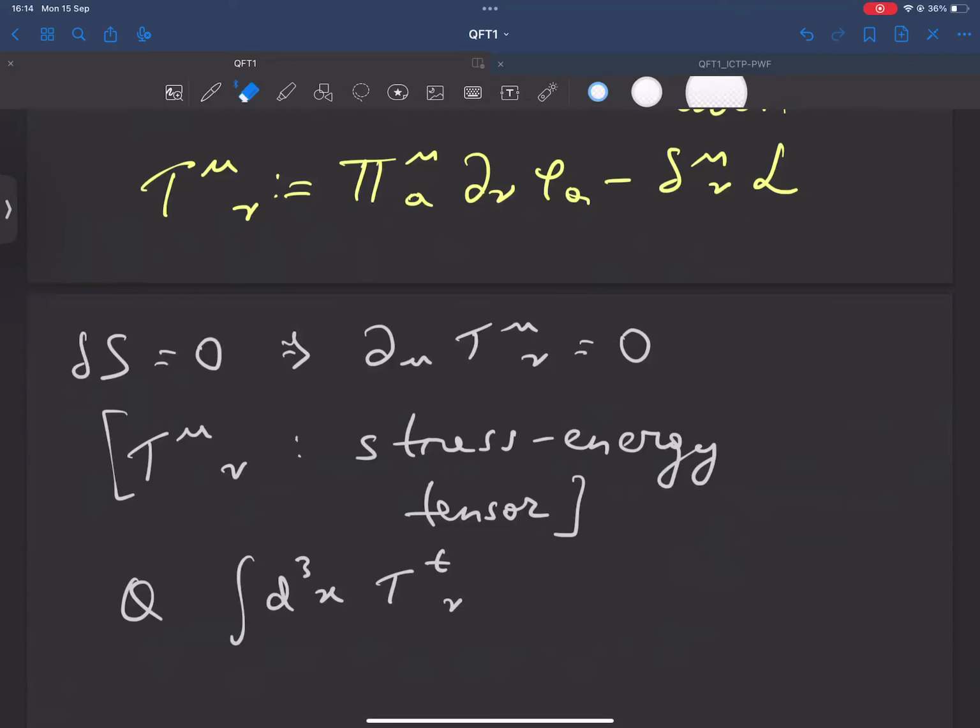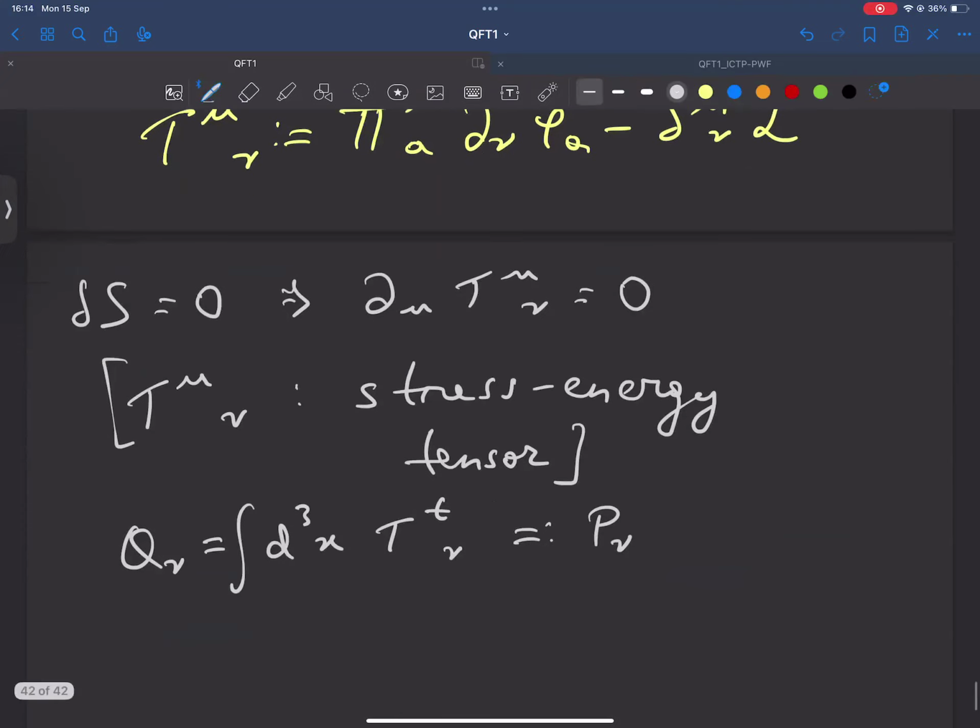But now this charge will have an extra index nu. So we will call this P nu. And P0 will give us energy, and Pi will give us linear momentum.